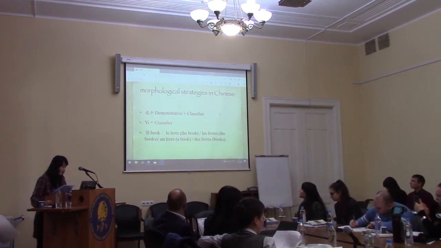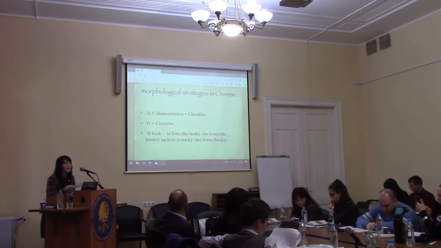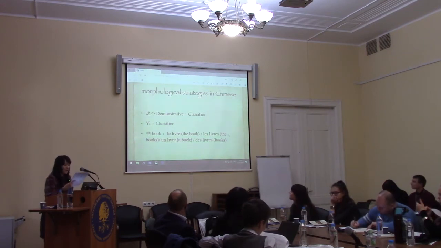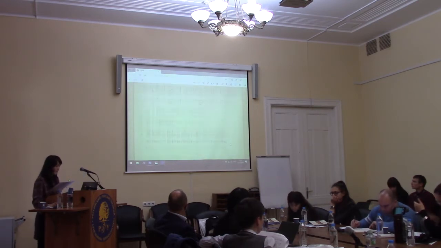For example, the noun shu, book, itself can be translated into French in 4 different ways: le livre, les livres, un livre, et des livres. Thus, this leads me to my next part, which is syntactic strategies.